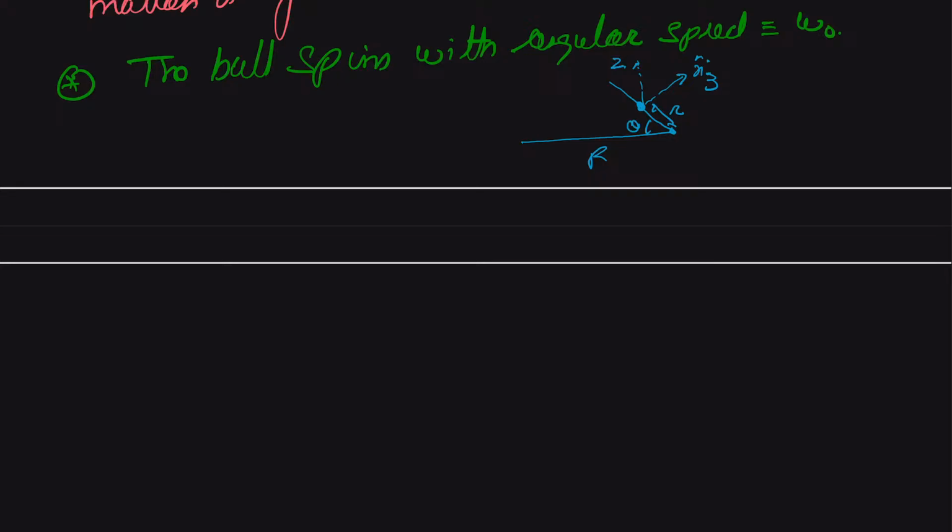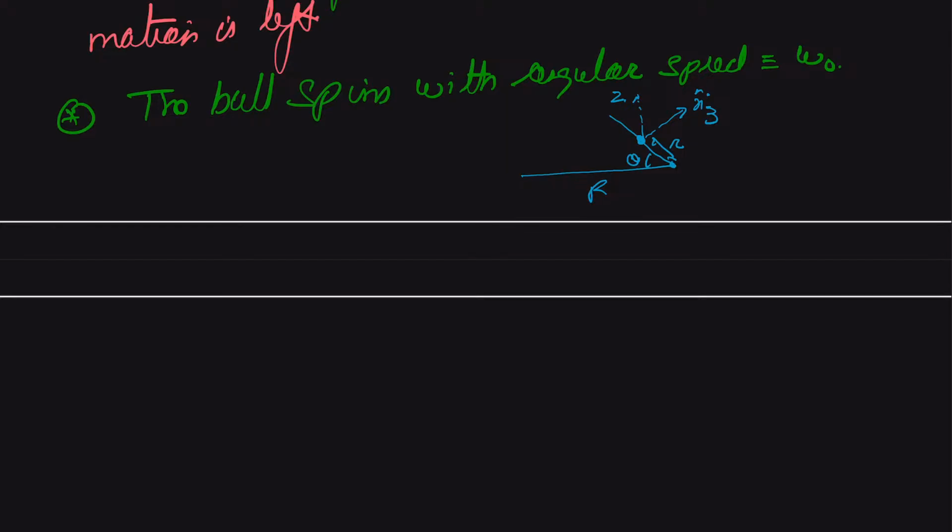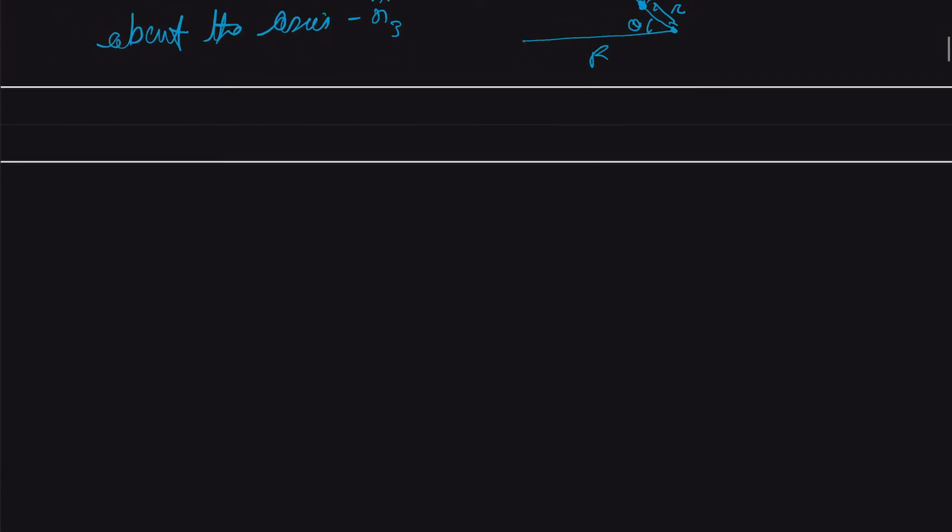So this will be the direction of our omega naught. And therefore we can say the ball spins with angular speed of omega naught about the axis, and this is our minus x3 unit vector.